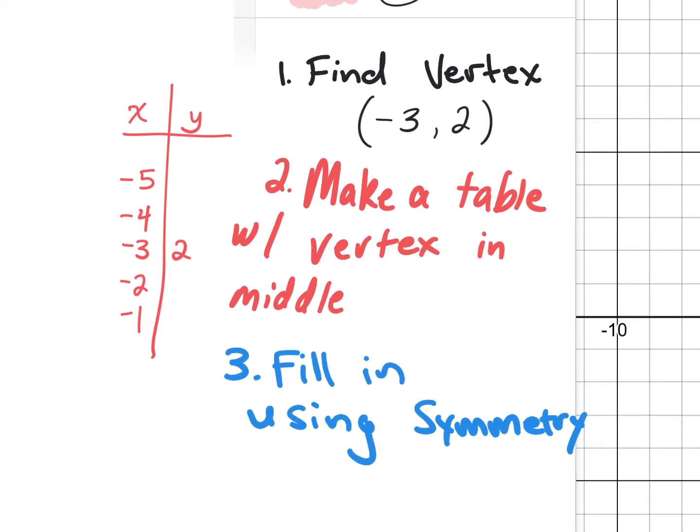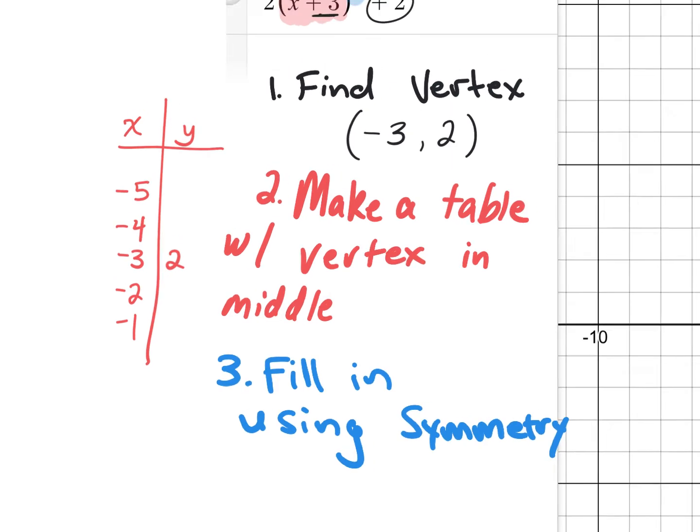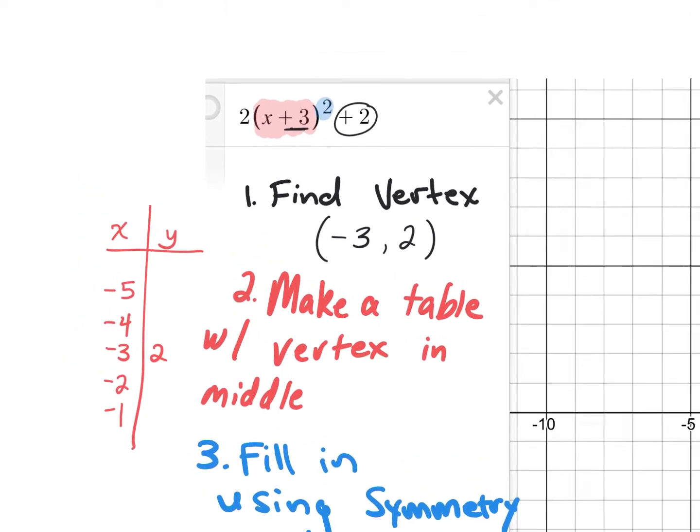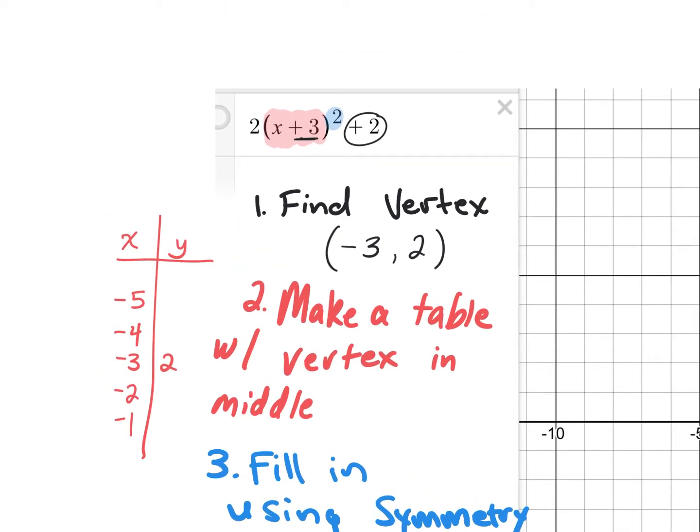Now we need to plug in some key values here to figure out what other coordinates are on our graph. So we can use whatever we like, but what we're going to do, we are going to take these values, either -5, -4, -2, or -1, and we are going to plug them in for x in the equation.